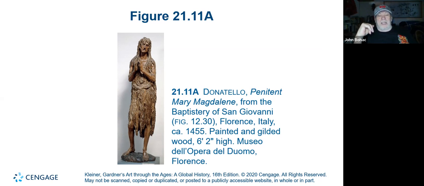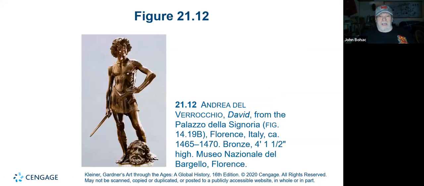And so you start to see real people, sometimes even people that looked unkempt, as sorry, as repentant Mary Magdalene. And so anyway, this is just another indication that these artists were looking at the ancients.